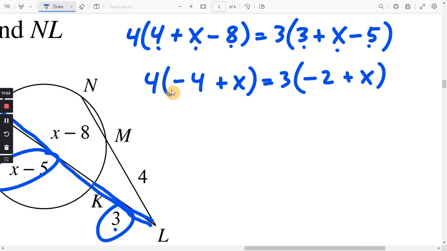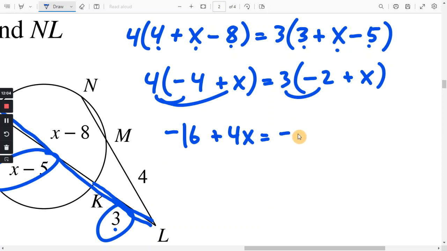Okay, distributing. 4 times negative 4 is negative 16. 4 times positive x is positive 4x. 3 times negative 2 is negative 6. And 3 times x is 3x. All right, you want numbers on one side, variables on the other. I try to subtract the smaller x, so 3x is smaller.